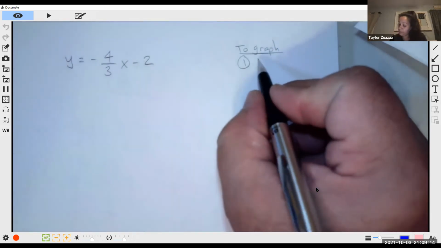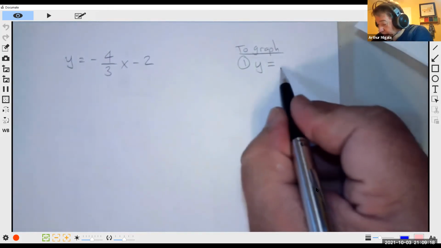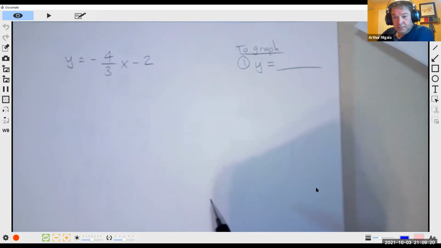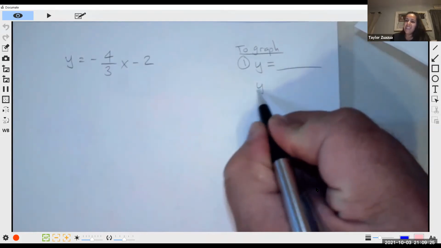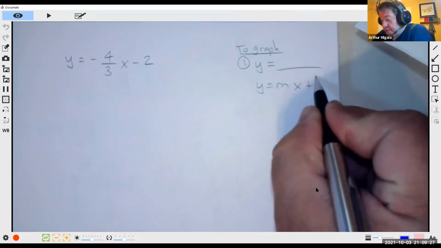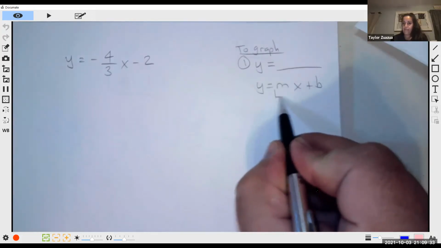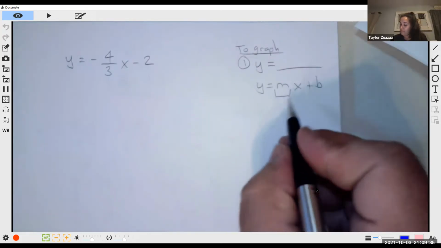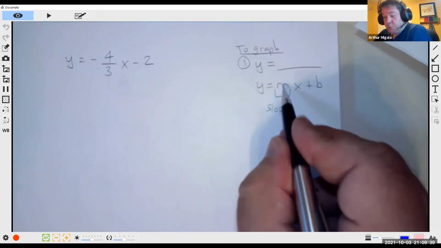Okay, to graph, first make sure you solve for y. Y has to equal the equation, y equals mx plus b. Whatever's in front of your x is your slope, and the sign goes with it.